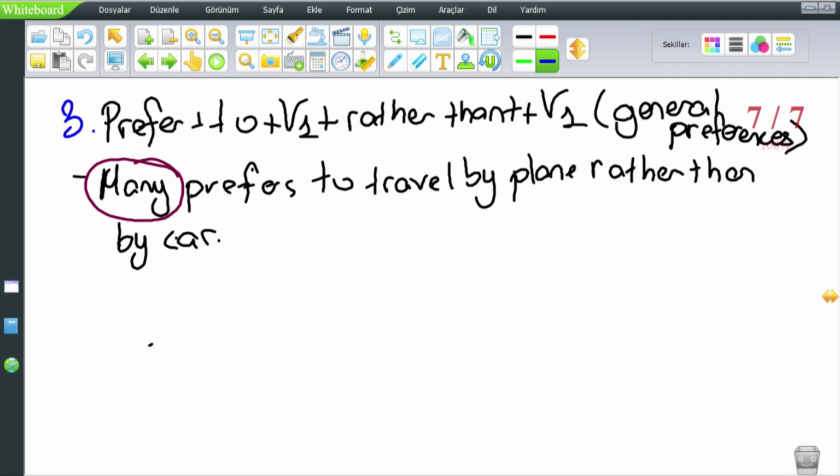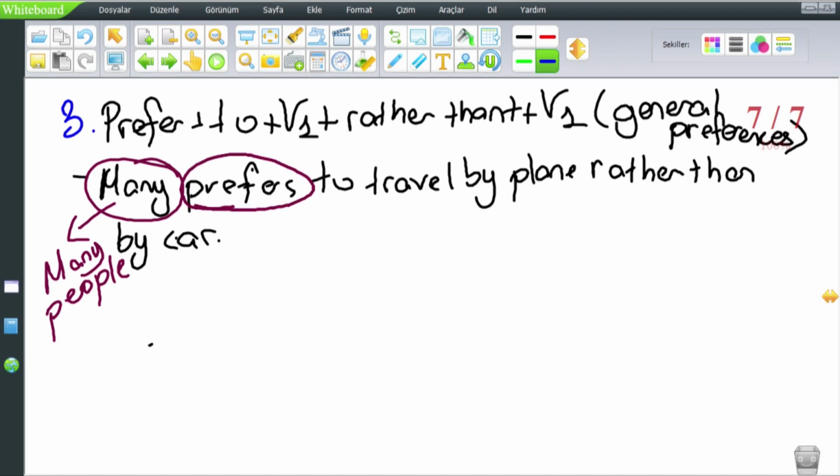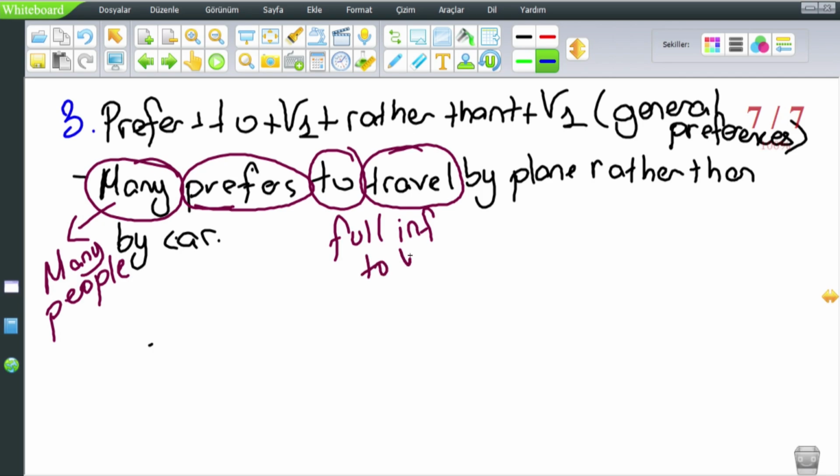Our subject is many. Actually, what we're talking about as subject is many people, but we can shorten it and say many. Then we used our verb and our full infinitive form, which is to plus verb 1, and then the thing that the subject has chosen.